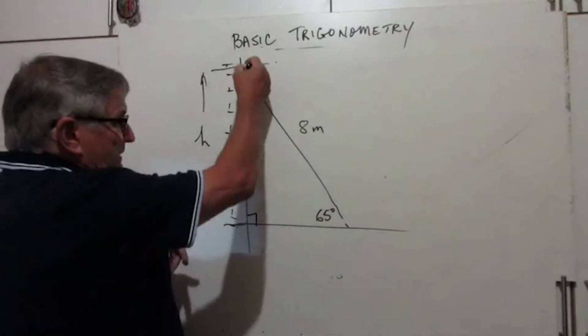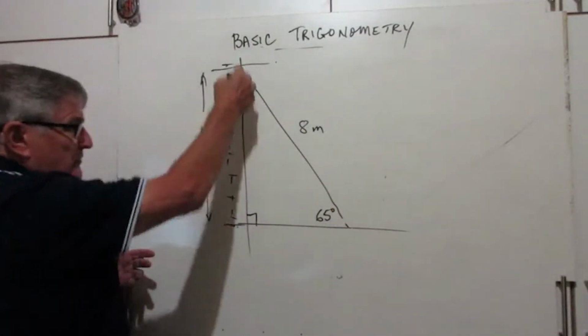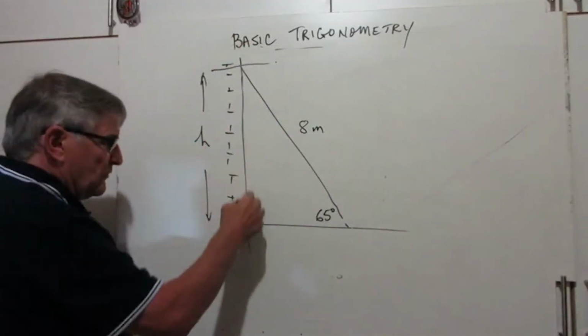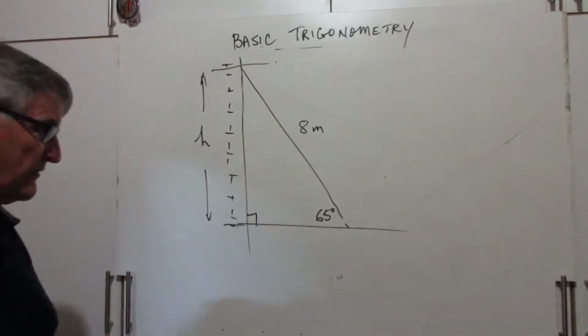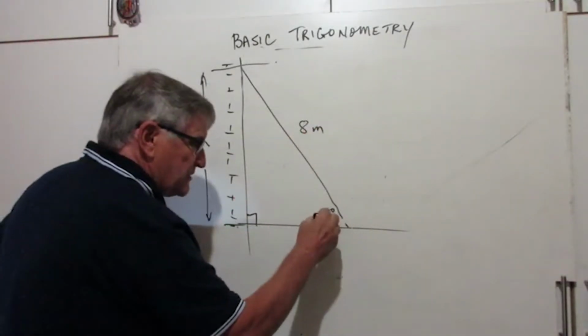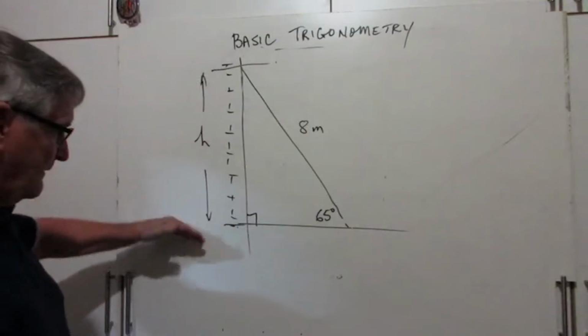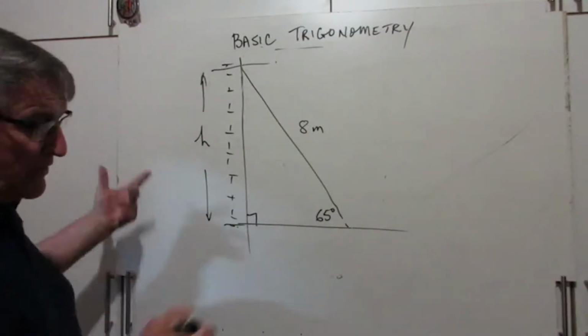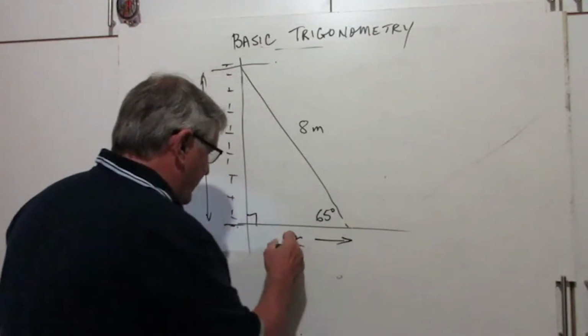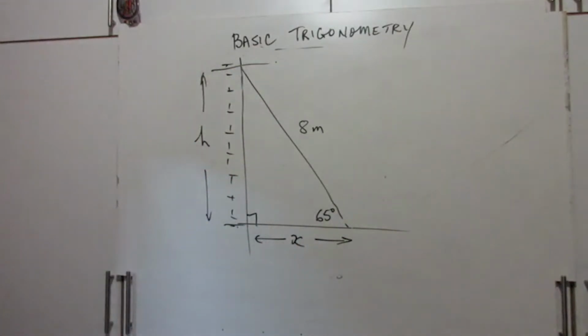This time we have a ladder leaning against a vertical wall. The ladder's sitting on horizontal ground, the wall's vertical, so we know we've got 90 degrees. It's an 8-metre ladder, and at an angle of 65 degrees we want to know how far it's going to reach up the wall. We could also ask ourselves, how far is the foot of the ladder from the base of the wall?